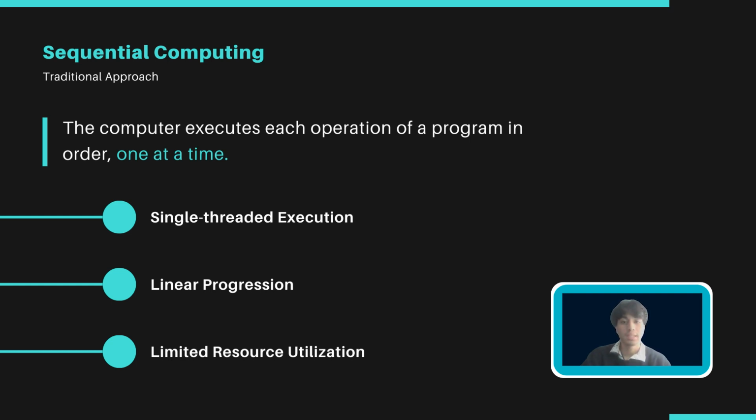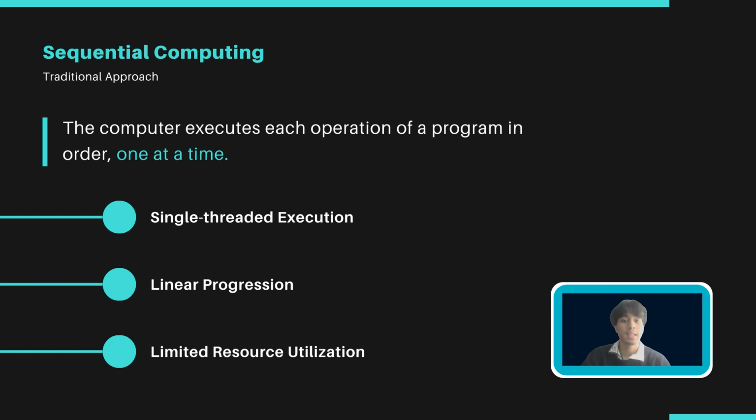First, since this is a single-threaded execution, only one operation can be executed at a time, leading to potential bottlenecks and idle processor cycles. Second, operations are processed sequentially, which is a linear progression, resulting in longer execution time for computationally intensive tasks.